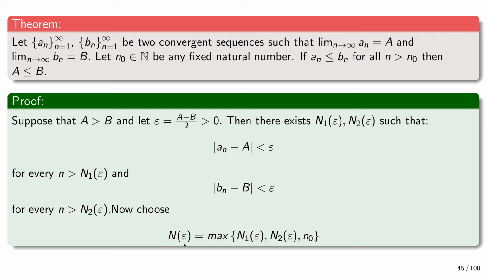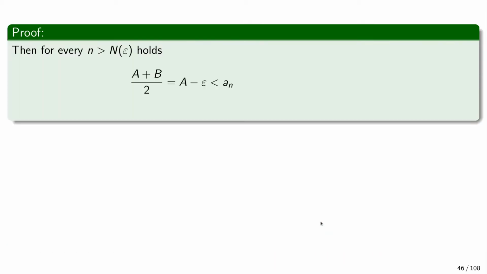Okay, so we choose n of epsilon to be the maximal of actually 3 numbers, so that we need this inequality to hold, and we need those 2 inequalities to hold, so we choose n of epsilon to be the maximal of those 3. For every n that is greater than n of epsilon it holds that an is bigger than a minus epsilon, but if you remember, epsilon was a minus b divided by 2, and if you bring this to common denominator, this is what we get.